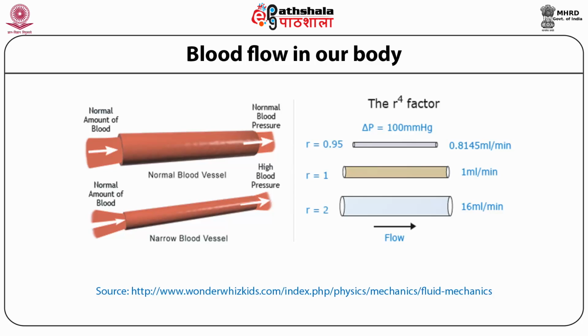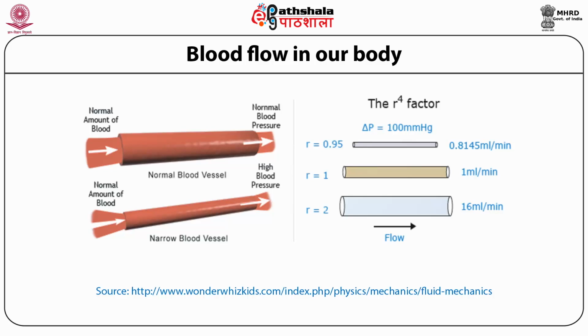Sometimes these blood vessels get narrower, and when they do, because of the narrowing of the blood vessel, you have high blood pressure in those regions where the blood vessels have become narrower as compared to those regions where they have normal size.